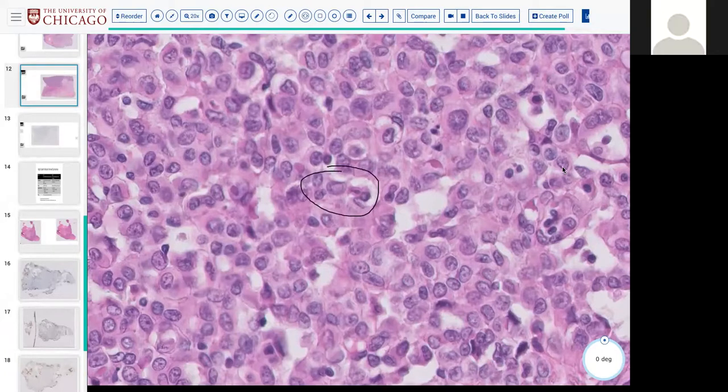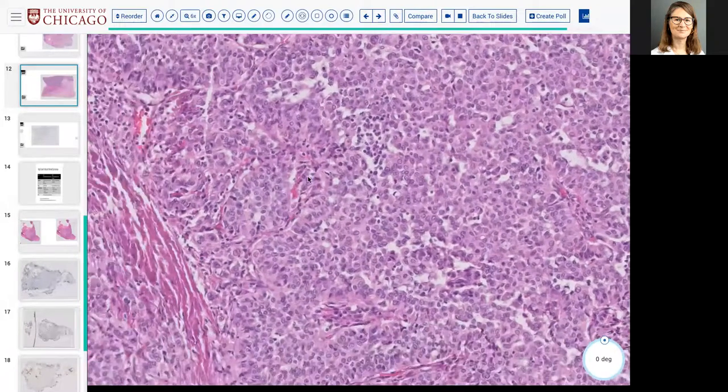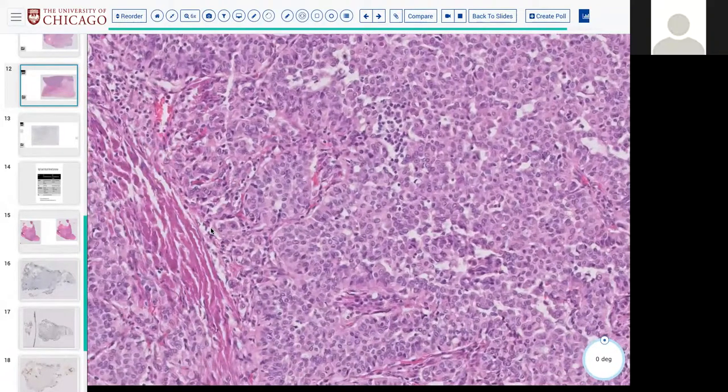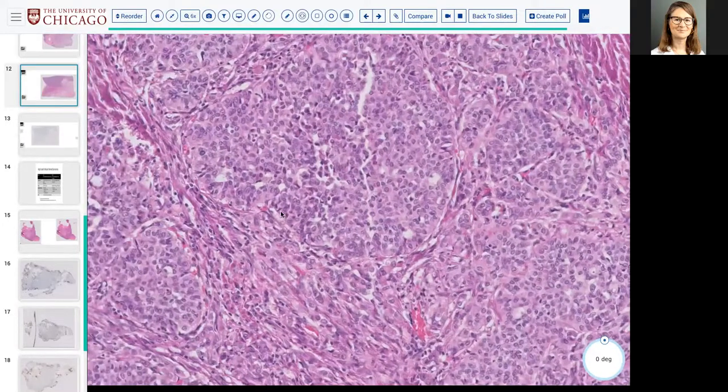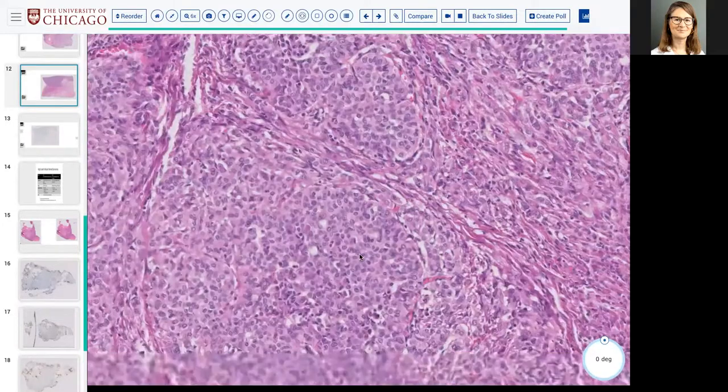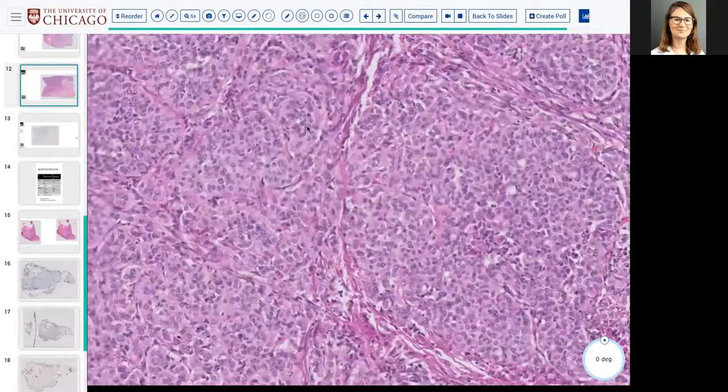Pseudo inclusions. I was lucky enough to happen upon that. So we're going to talk about the subtle differences between poorly differentiated and this. This has solid growth. This has trabecular growth.